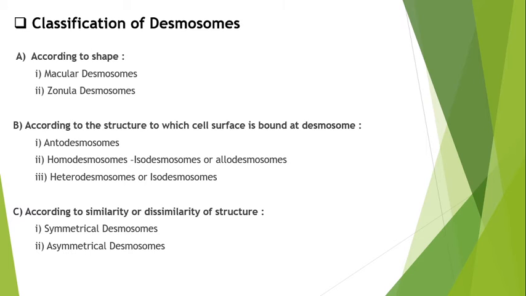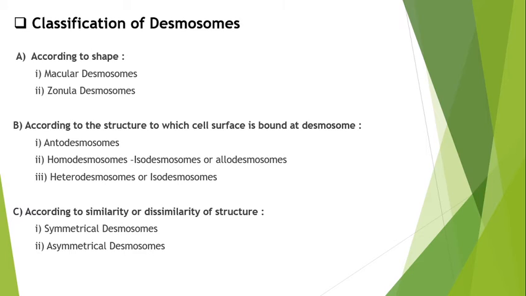The second is according to structure, to which cell surface is bound at desmosomes. There are three types of desmosomes: autodesmosomes, homodesmosomes, and heterodesmosomes.